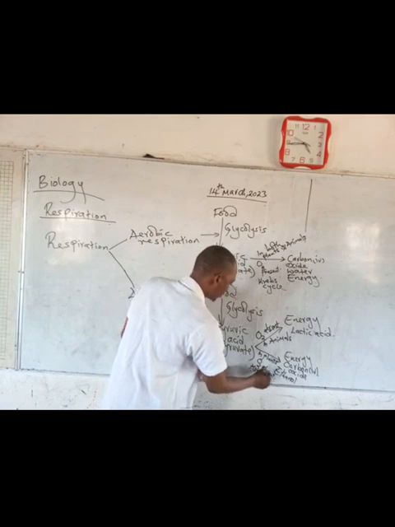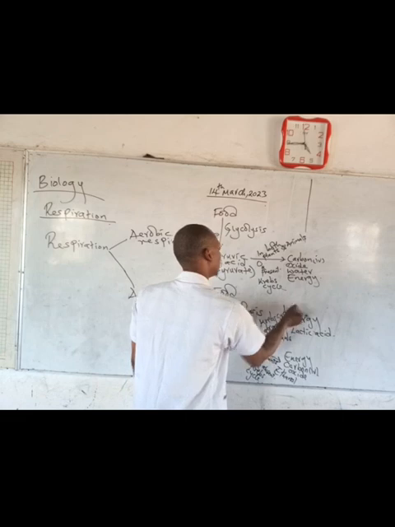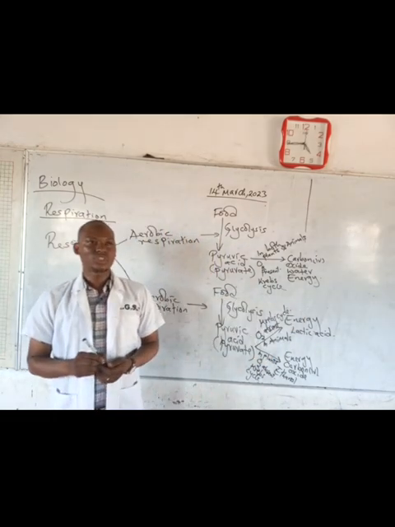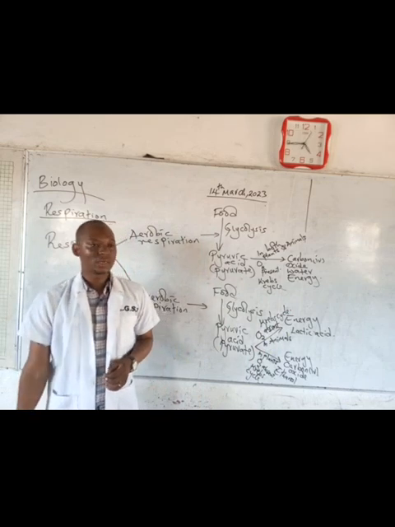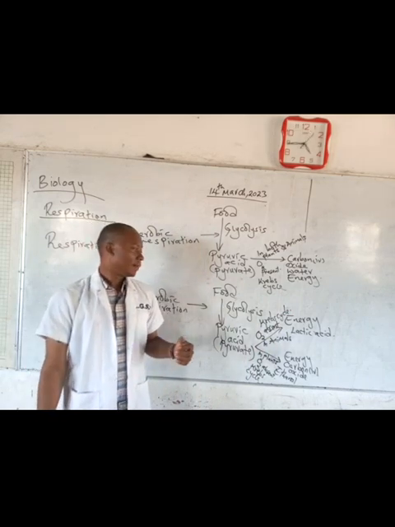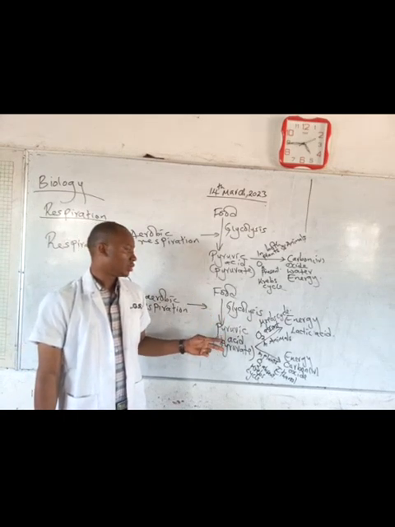So the Krebs cycle is the second stage of respiration in both plants and animals.